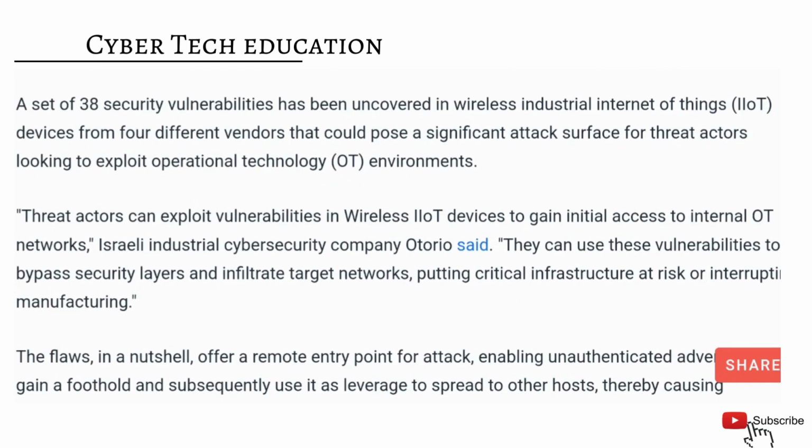It is all about a set of 38 security vulnerabilities uncovered in wireless industrial, or you can say wireless Internet of Things, devices from 4 different vendors. That would expose a significant attack surface for threat actors looking to exploit operational technology, OT, environments. A threat actor can exploit vulnerabilities in wireless IoT devices to gain initial access to internal OT networks.